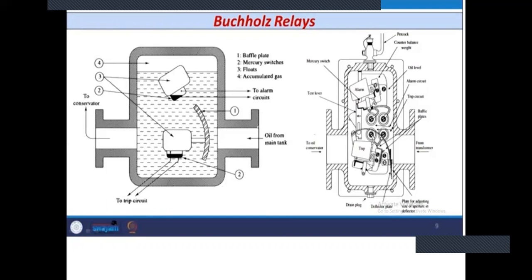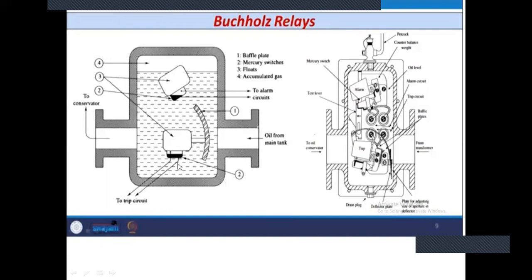So the operator has to take certain action or decision after the alarm. This is connected to the alarm circuit. On the other side, below the lower float, a mercury switch is also provided, and the lower float is meant for the tripping of the circuit.